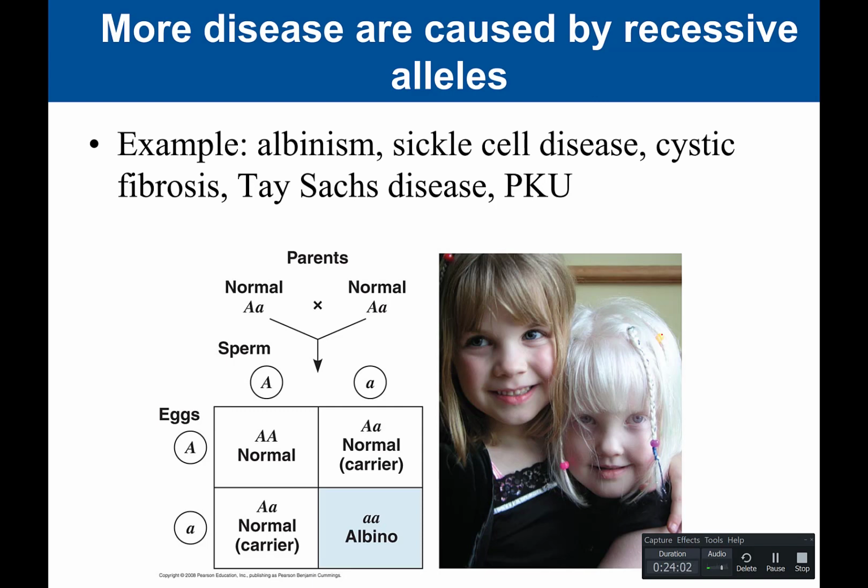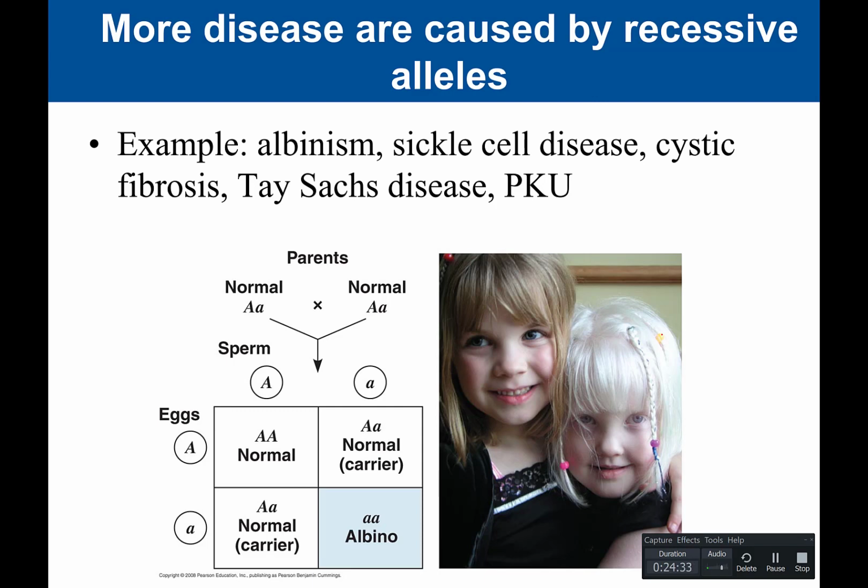Oftentimes they might need a heart-lung transplant. They have problems with their pancreas. There's a whole host of problems that come out with cystic fibrosis. Tay Sachs disease, we talked about this in the lecture about organelles. Tay Sachs, remember, is a lysosomal disorder in which patients who have inherited this disease have a mutation in their enzyme that helps metabolize lipids in the brain, for example.